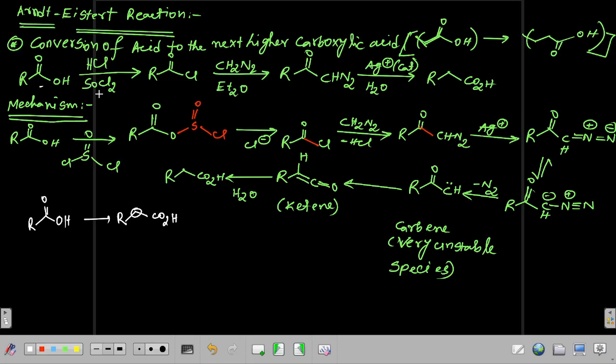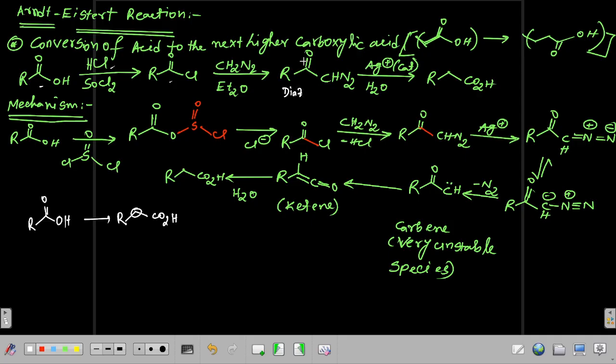It will react with sulfonyl chloride in presence of acid and it will give acyl chloride, and this acyl chloride will undergo reaction with diazomethane in presence of diethyl ether to give diazoacyl group.